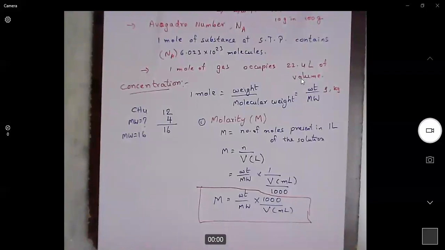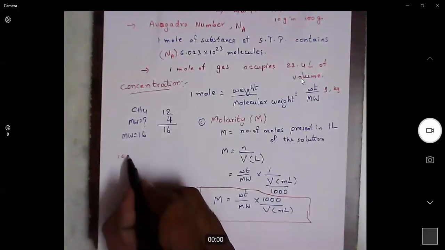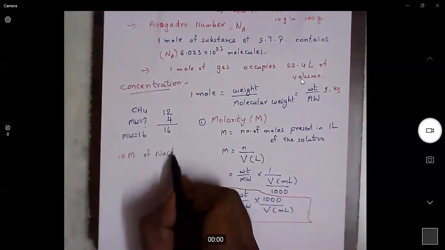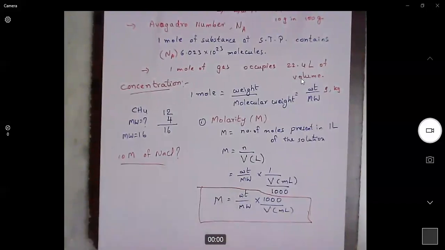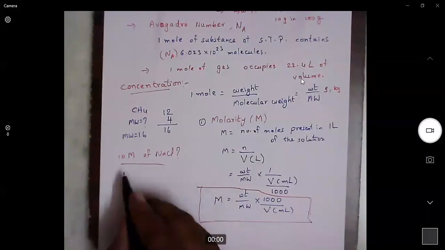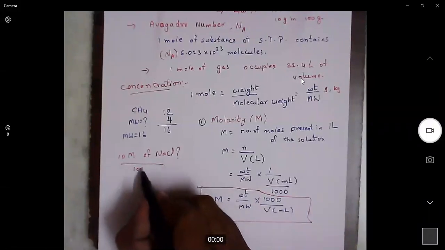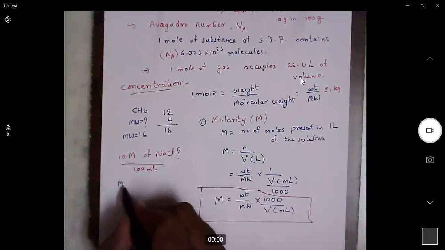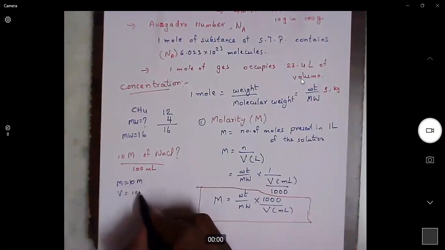Now for example, if we were asked to prepare 10 molar solution of sodium chloride, how do we prepare it? Here we also need to mention volume, say for example, take 100 ml. Here they have clearly mentioned molarity and volume is 100 ml.